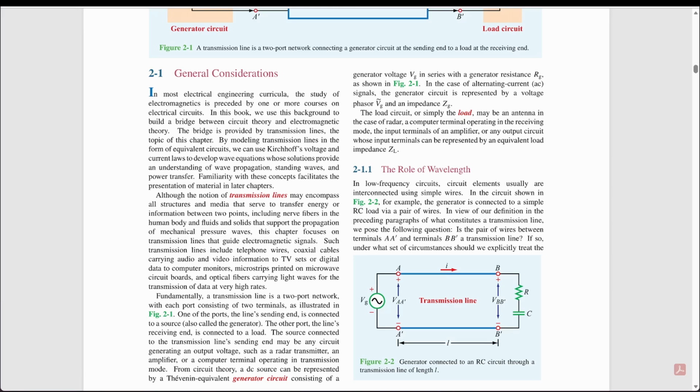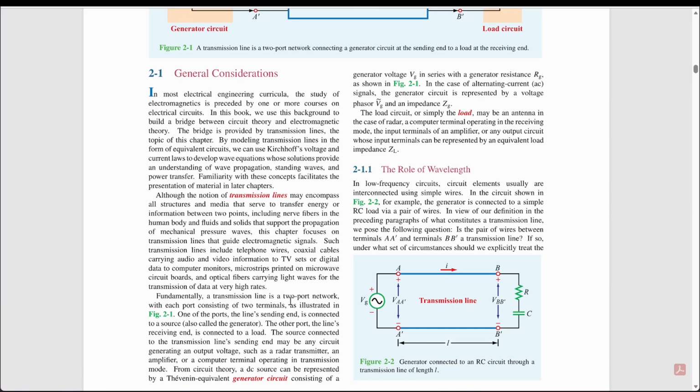So our concern in this book is electromagnetic waves, so we'll see the transmission lines from the point of view of electromagnetic signals. Such transmission lines include telephone wires, coaxial cables carrying audio and video information to TV sets, or digital data to computer monitors, microstrips printed on microwave circuit boards, and optical fibers carrying light waves for the transmission of data at very high rates.